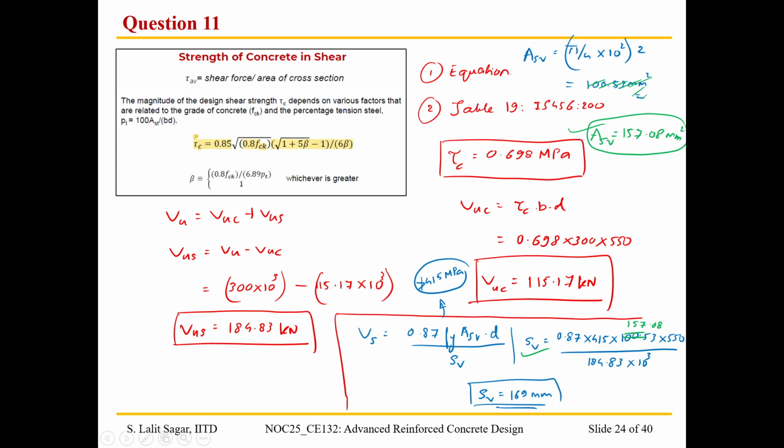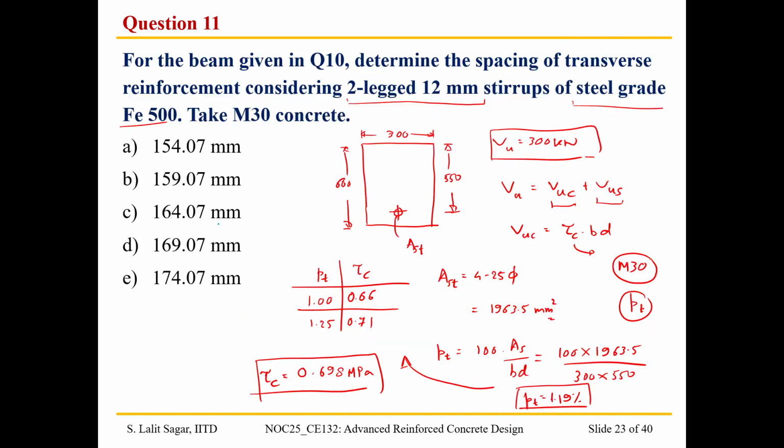I'm getting ASV as 157, and let us substitute that value here and find out the spacing. I'm getting a value of 169 mm. So the correct answer is option D.